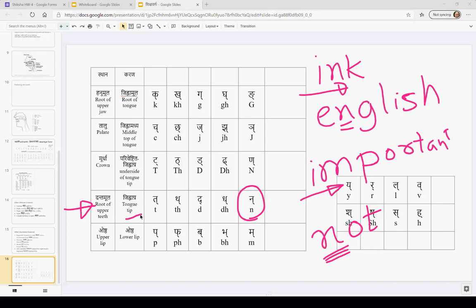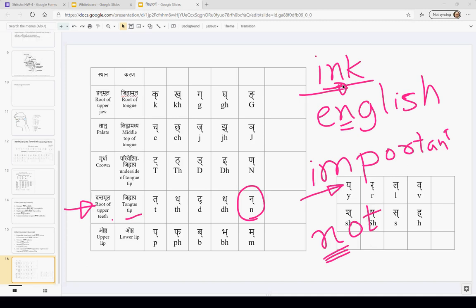But when we are pronouncing ink, though there is an N here, we are not taking the tongue tip to the root of the upper teeth. We are not pronouncing N. We are not saying ink.